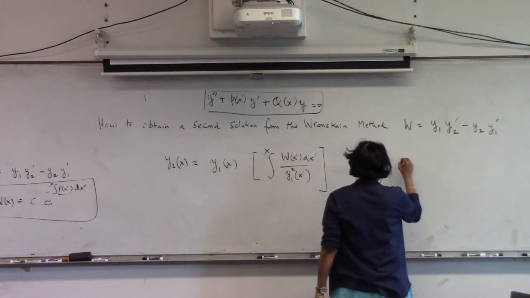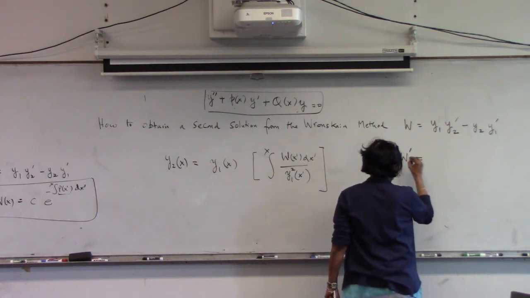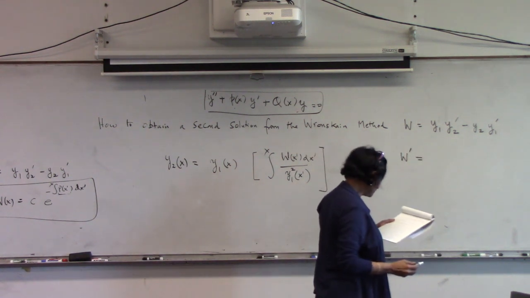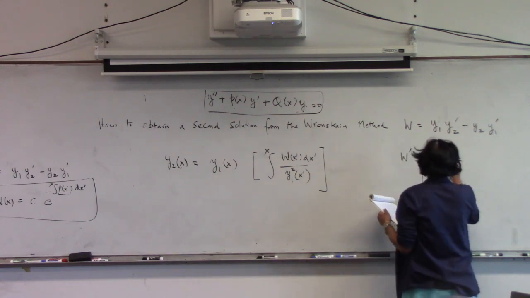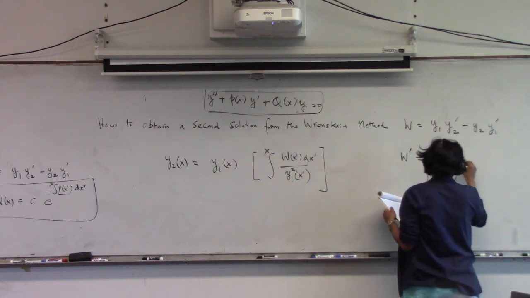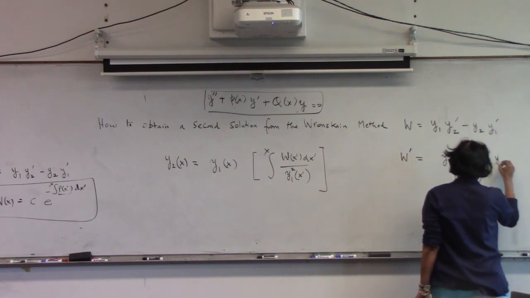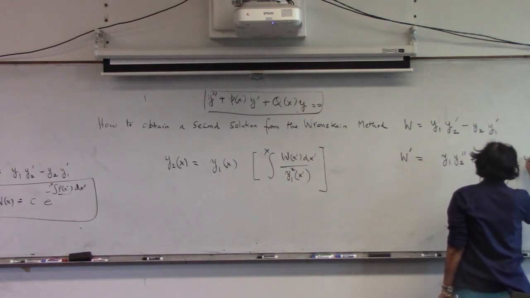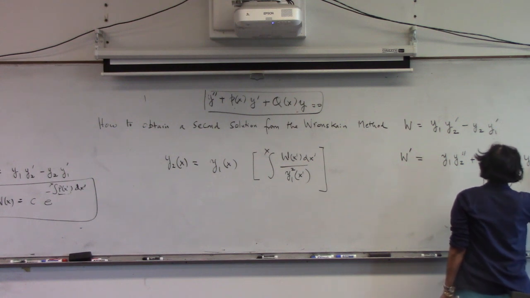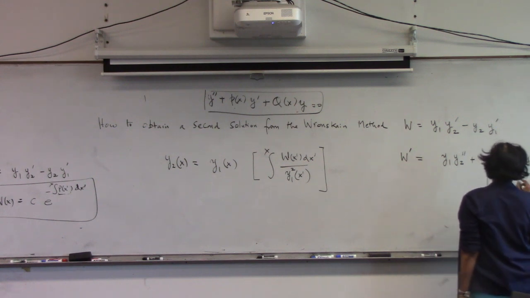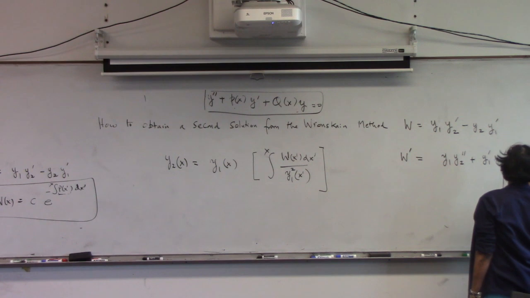All right. So I'm going to take the first derivative of this with respect to x. W prime is the first derivative, so I can write it as y1 y2 double prime plus y1 prime y2 prime minus y2 prime y1 prime minus y2 y1 double prime.